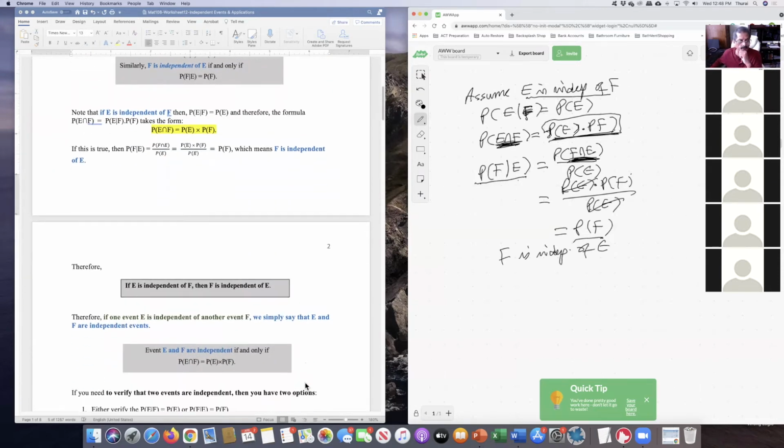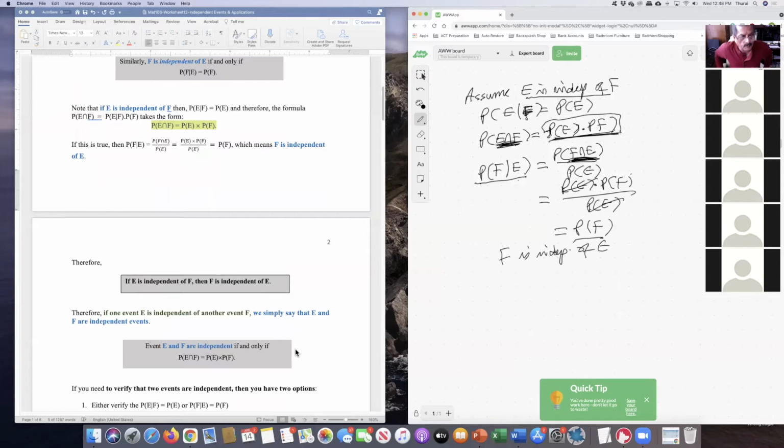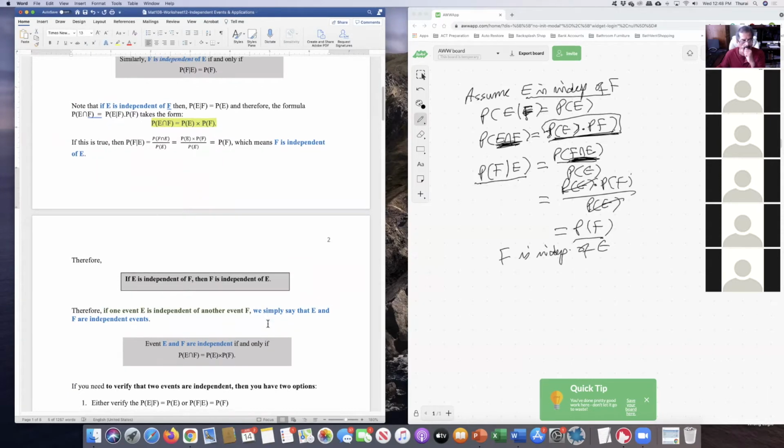If one is independent of the other, then they're both independent of each other. That makes things less complicated and easier.